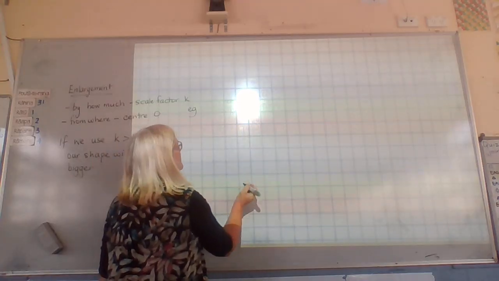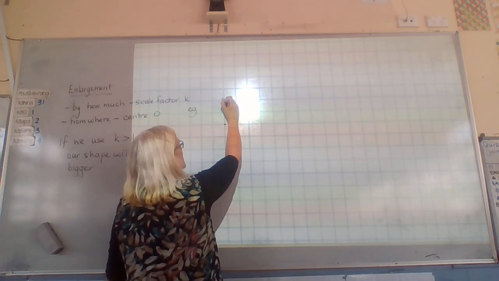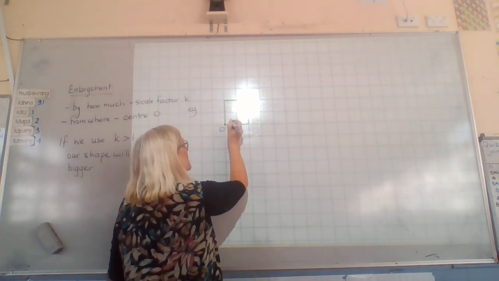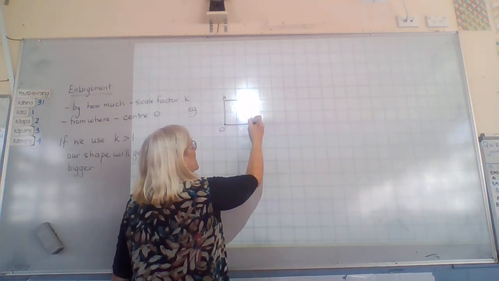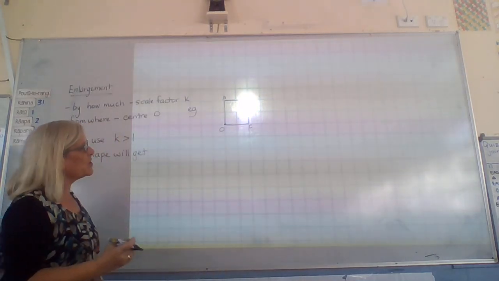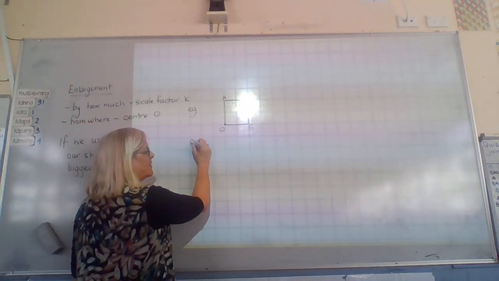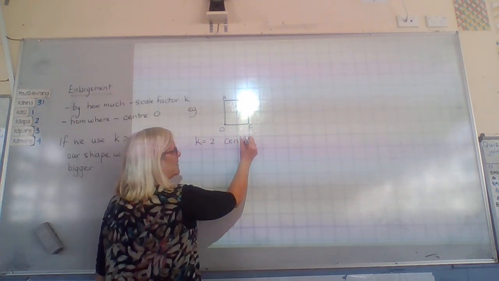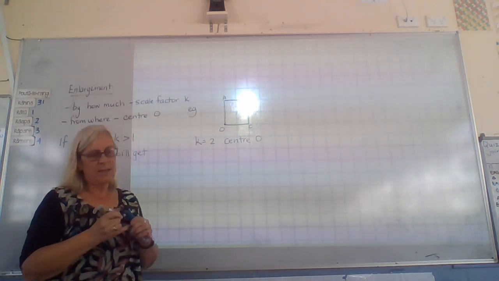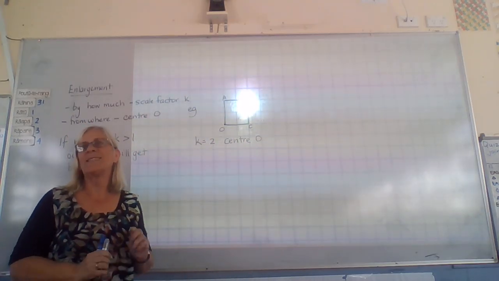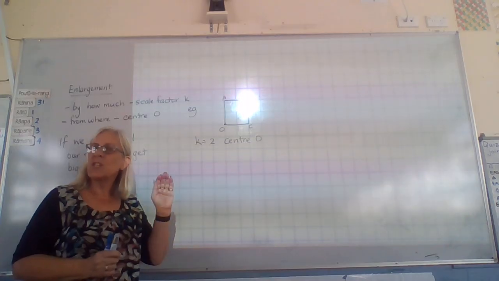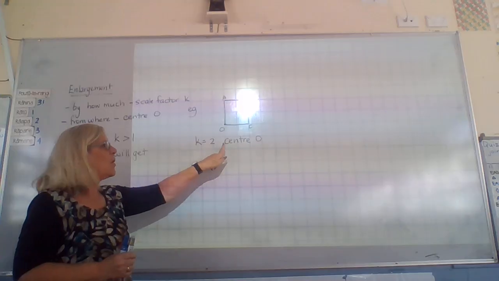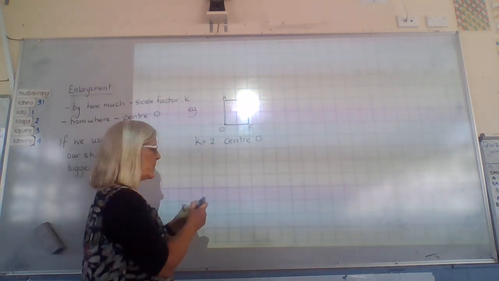So if we draw a shape, I'm going to just take a square because squares are always good. If I say that I am going to enlarge this shape, scale factor 2 and centre O, then what you need to say to yourself is that any point on the shape is going to be 2 times further away from O, okay?